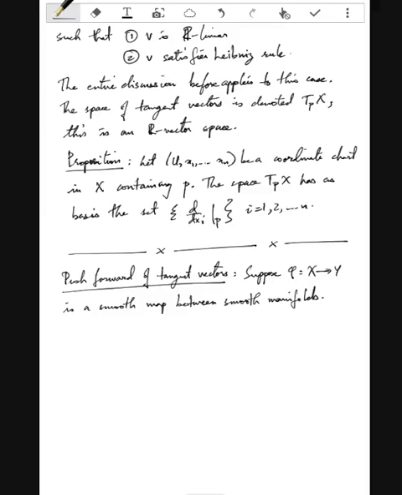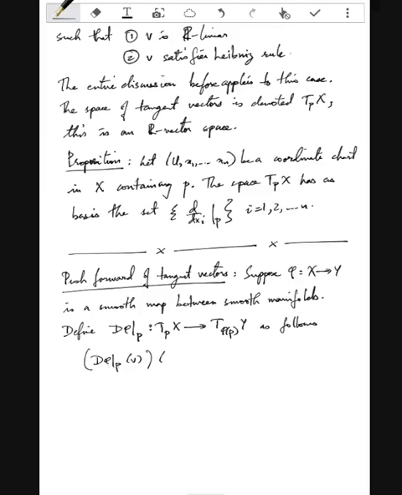We are going to define d phi, this is the derivative of phi at P. There's going to be a linear map from T_P X to T_phi(P) of Y as follows. D phi at P of V.